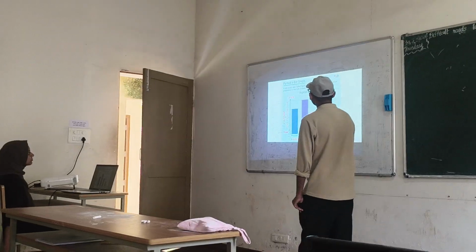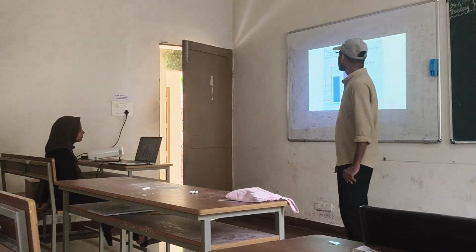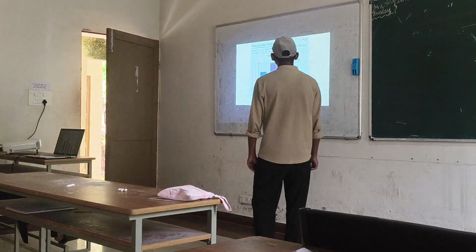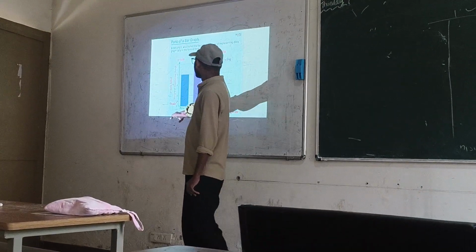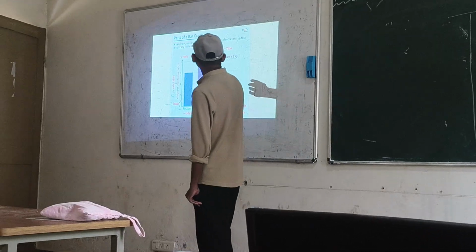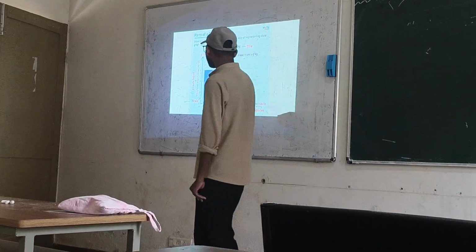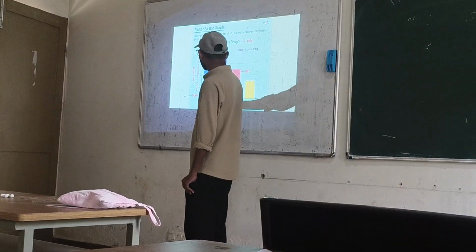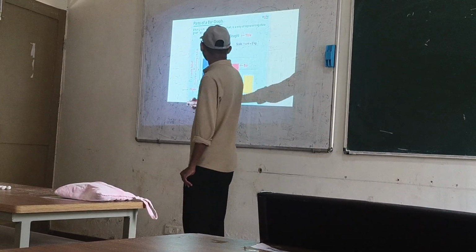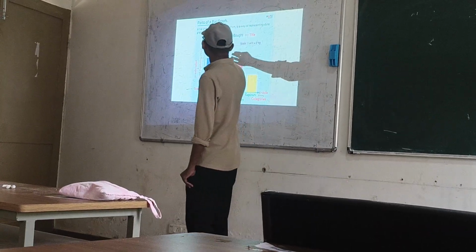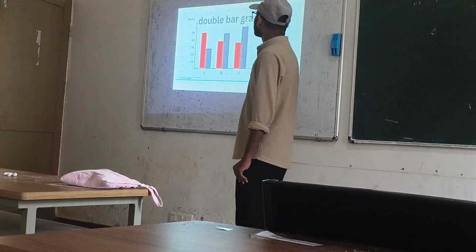On the y-axis, we can see the weight of the vegetables in kgs. Here we can see the scale: 1 unit is equal to 2 kgs. So you can represent potatoes here as 12 kg, here 16 kg, like that. You can represent this data.